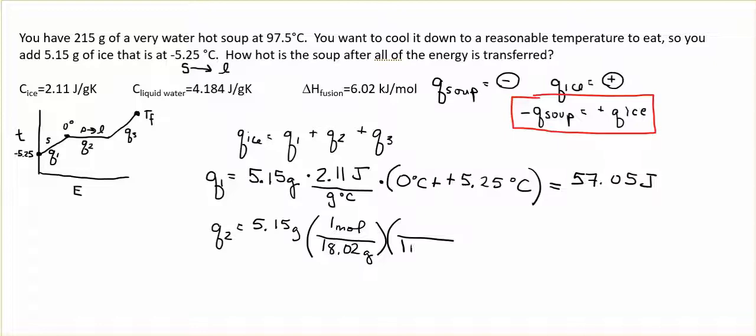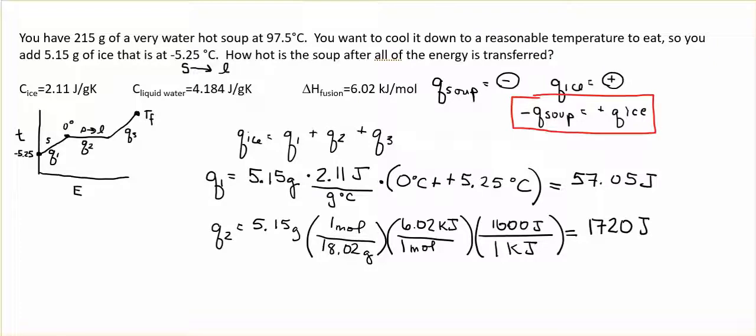So every 1 mole of water requires 6.02 kilojoules of energy to melt it. Then I'm going to convert this into joules. Every 1 kilojoule is 1,000 joules. So 5.15 times 6.02 times 1,000 divided by 18.02 gives us 1,720 joules. That's what Q2 is equal to.